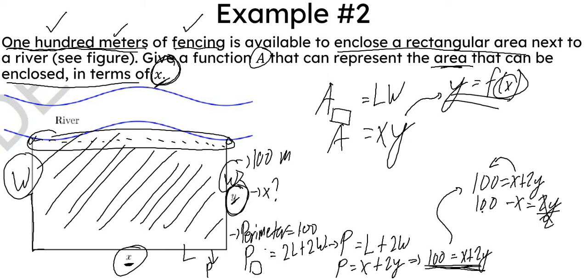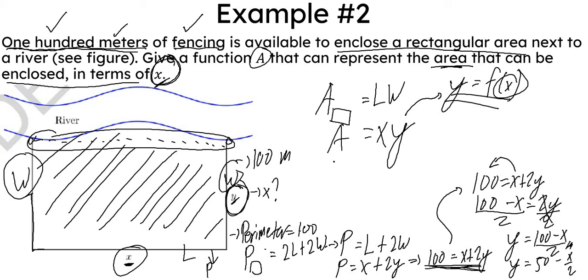Divide both sides now by 2, and I will have y is equal to 100 minus x over 2. Or you can also have 50 minus x over 2. 100 divided by 2 is 50, and negative x over 2 is just negative x over 2. So now, we will be able now to express y in terms of x.